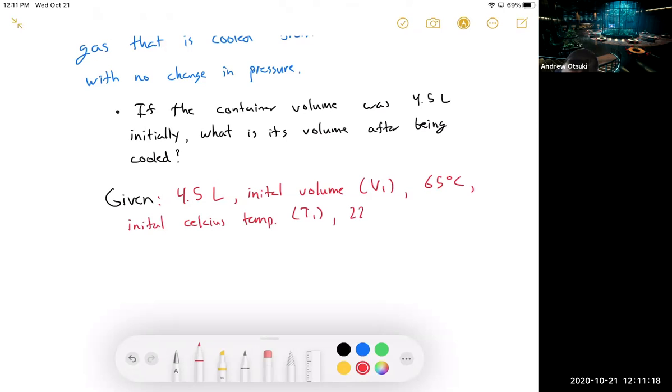And next we have 22 degrees Celsius, or our final Celsius temperature. T2.